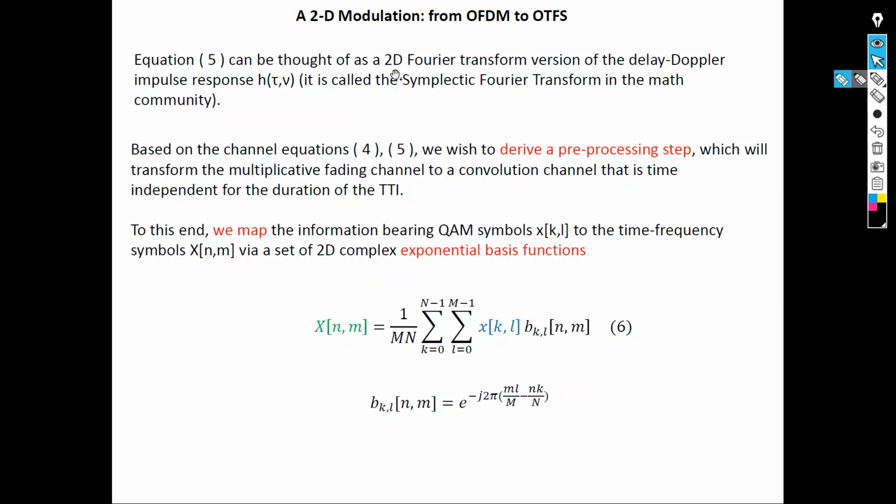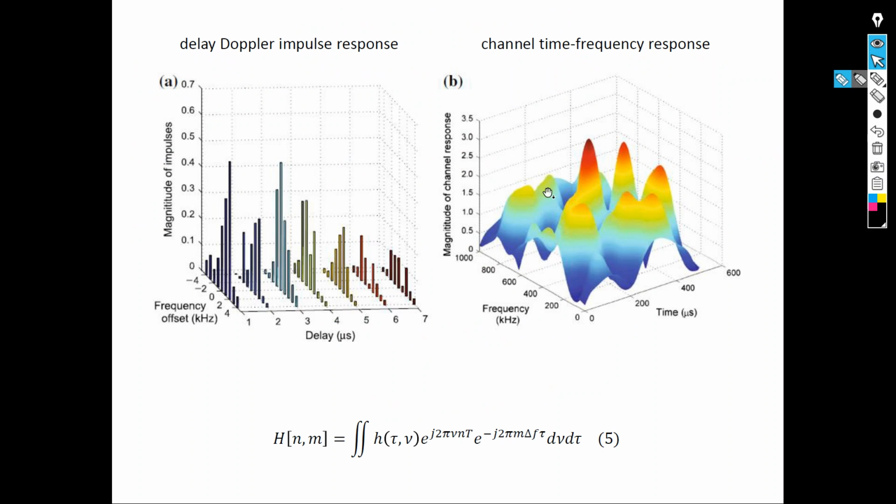Equation 5 can be thought of as a 2D Fourier transform version of the delay Doppler impulse response. This figure is actually very important, that you can see this in MATLAB. Make sure that after you finish this lecture, you go home and you generate this channel and see this channel in the delay Doppler domain.